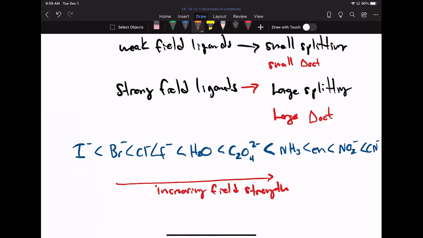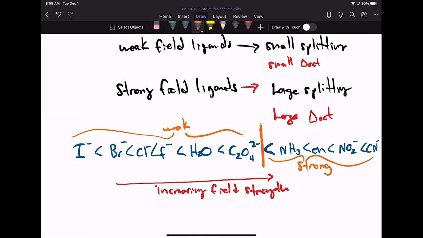This is going to be our break point, where we consider these to be weak field ligands and these to be strong field ligands.